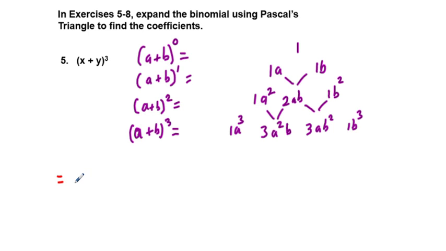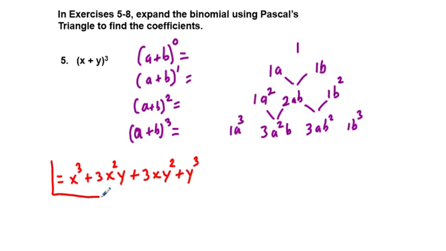So our answer is going to be x cubed plus 3x squared y plus 3xy squared plus y cubed. So this will be our expansion using Pascal's triangle.